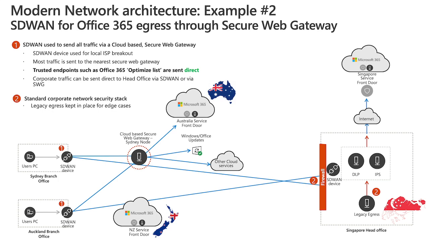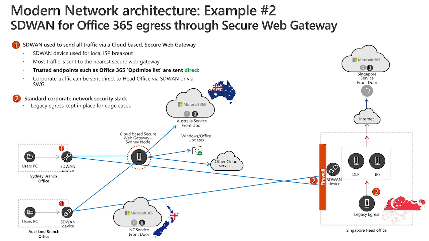And this is the problem of that principle number 3, avoiding hairpins. I would consider a hairpin where we're sending traffic away from where it needs to go before it hits Microsoft. Because you can see on the slide here, we've got a New Zealand service front door. So we have infrastructure in New Zealand, which will expand considerably as our new data center there opens.